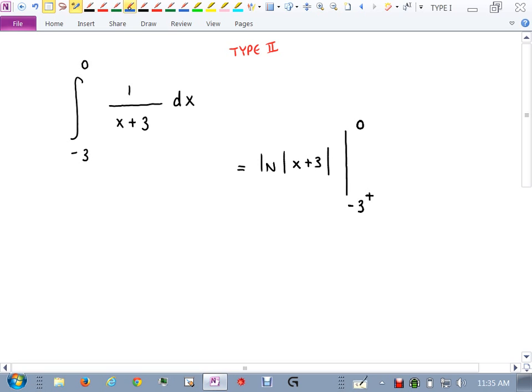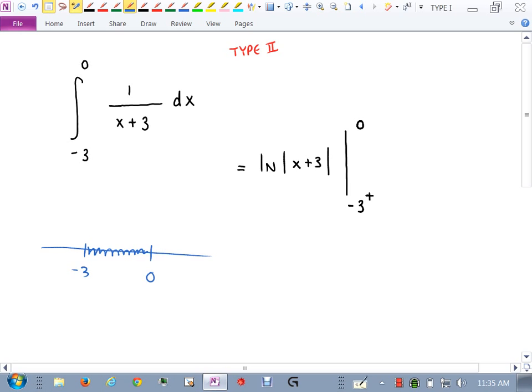If you're having trouble figuring out which side you're coming in from, just write down the two, your A and B, -3 and 0. We're looking inside here, right? So the only way you can approach -3 is from the right. It can't be on the other side. Does that make sense?